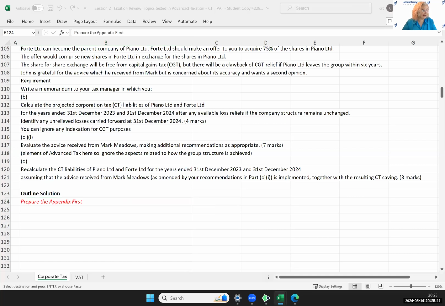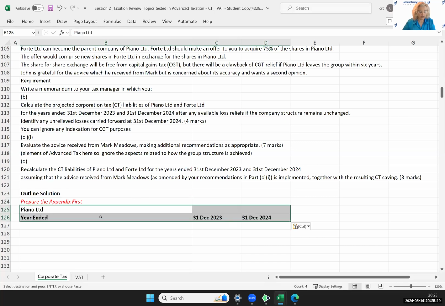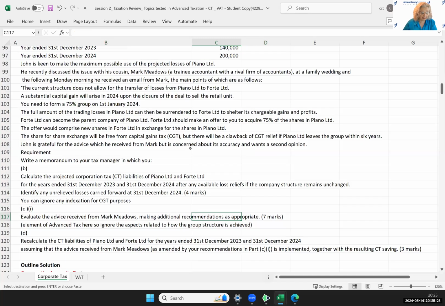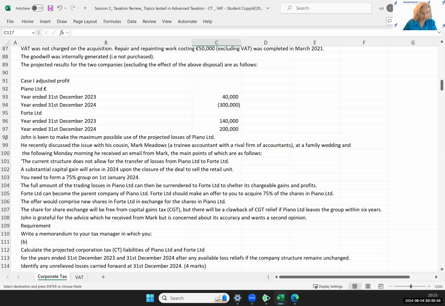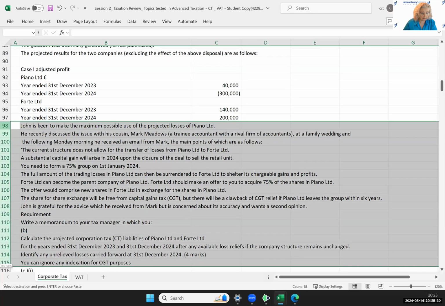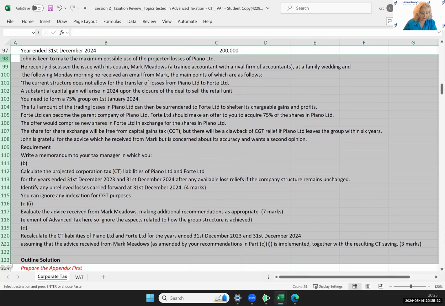And we're going to do Piano Limited. So Piano Limited, we've got information about its 2 years, year ending 31st December 2023 and 2024. So let's just start to copy the information down. So I'm just going to hide all of these so that we can see them on screen and make it easy for you to follow along.